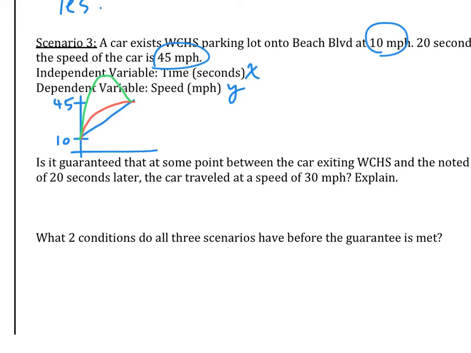And then the third scenario, saying that this car left at 10 miles per hour, 20 seconds later it's at 45 miles per hour. What is the condition it has to meet before we can guarantee that sometime in this 20 seconds this car had traveled at 30 miles per hour? Because if you watch some kind of sci-fi movie, you could morph yourself into a different time, right?